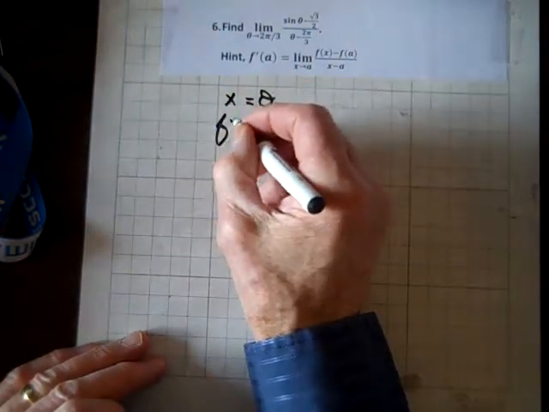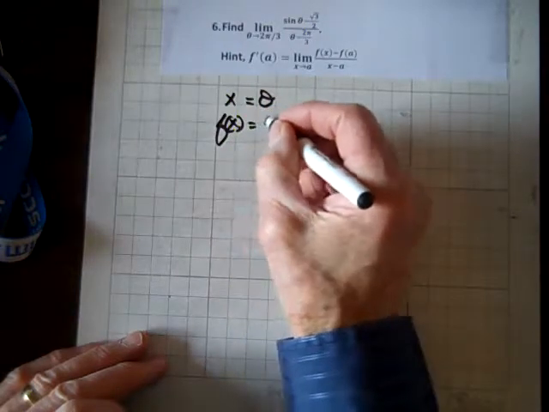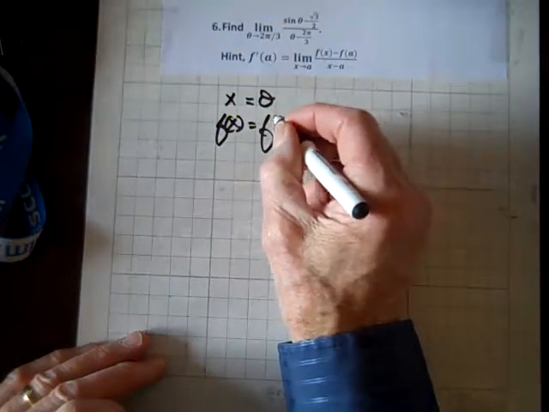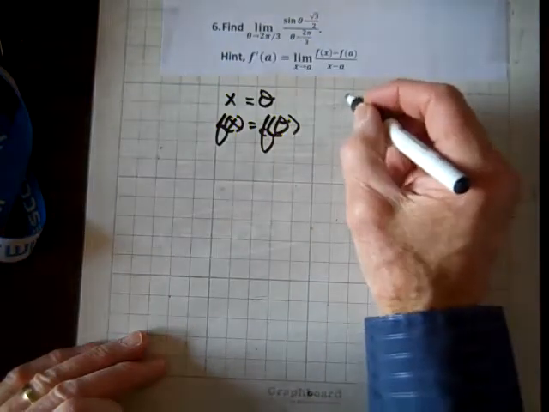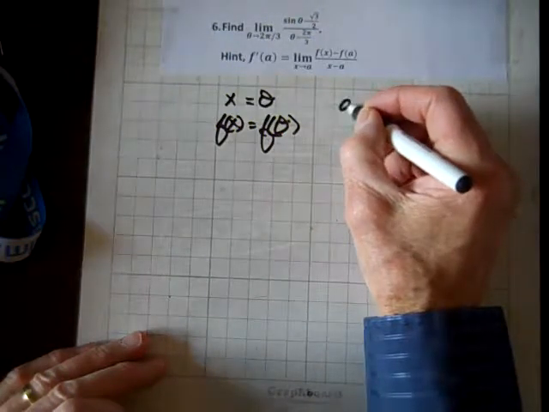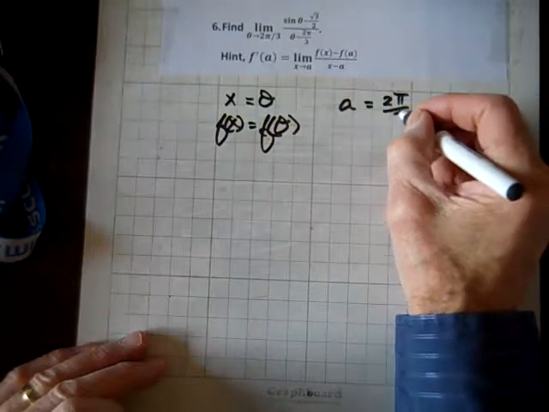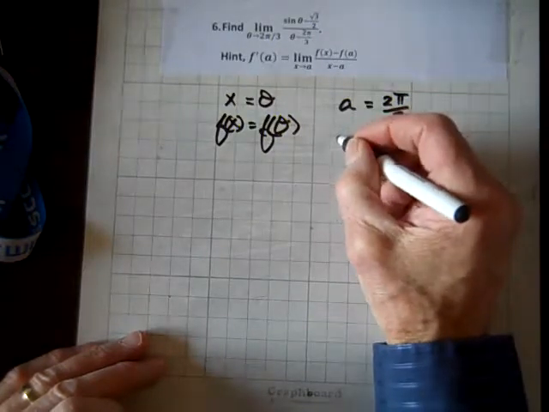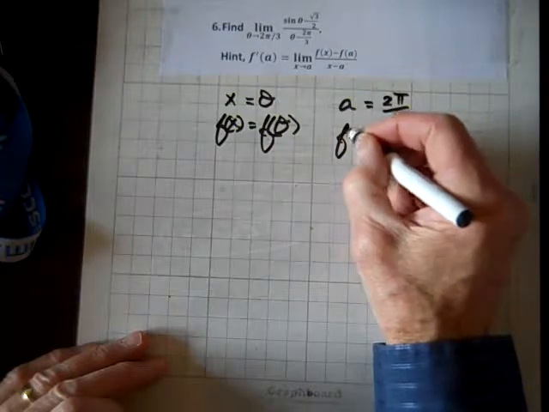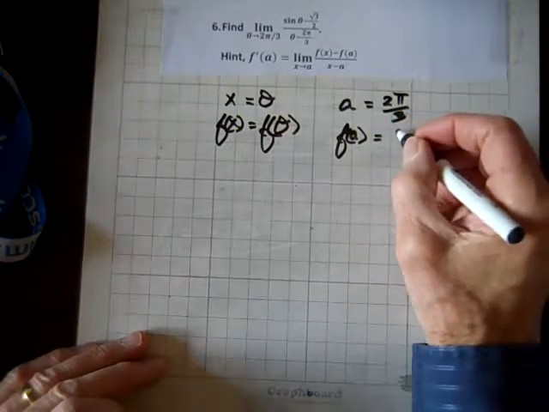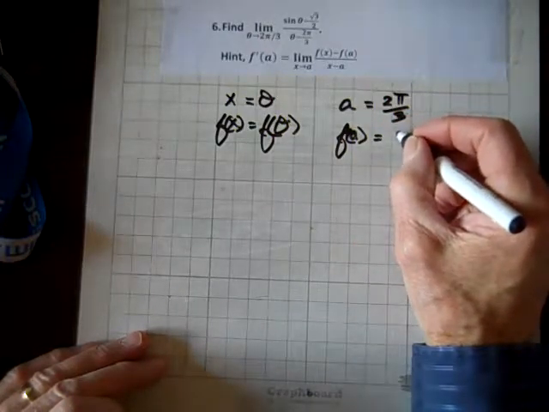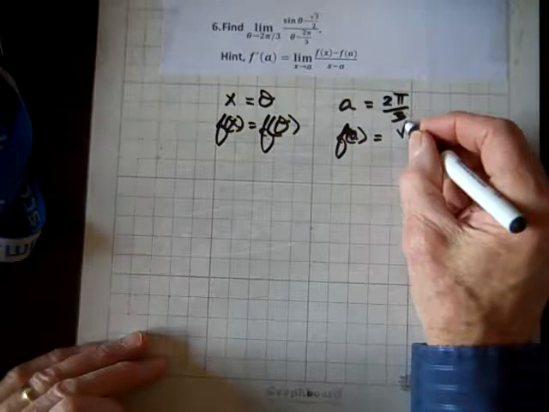And f of x equals f of theta. And a equals 2 pi over 3, and f of 2 pi over 3, f of a, is root 3 over 2.